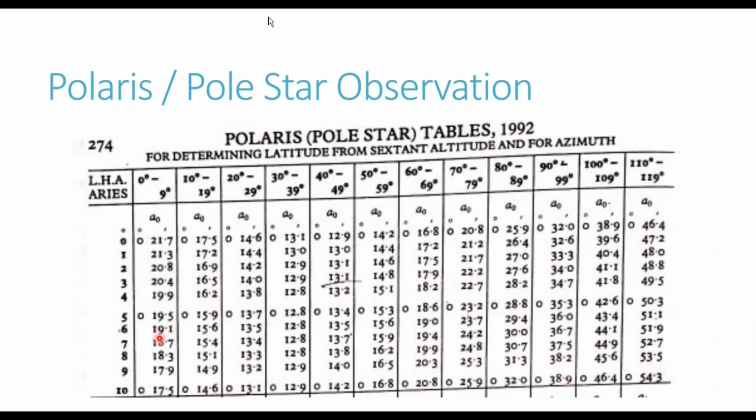When you go to 006 degrees, the value is 19.1 minutes. So for 5 degrees 30 minutes, it will be exactly midway between these two. So in this case, 19.5 and 19.1. For 5 degrees 30 minutes, the correction A0 would be 19.3 minutes. So you may need to interpolate between the two values if required. This is how we obtain the A0 correction.